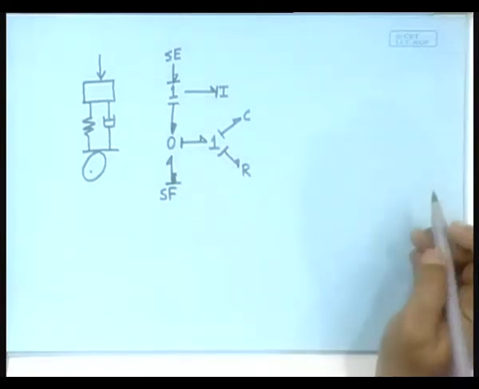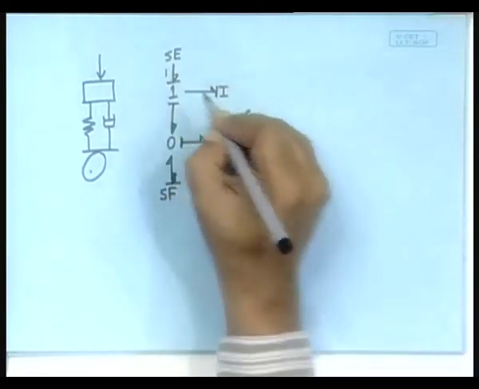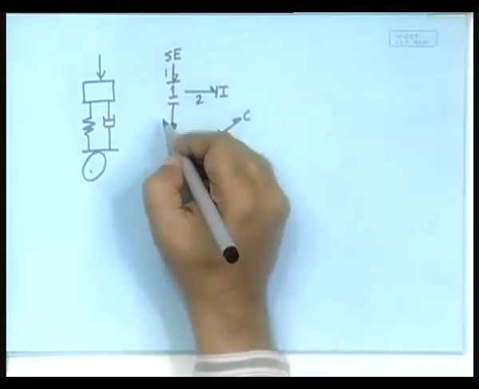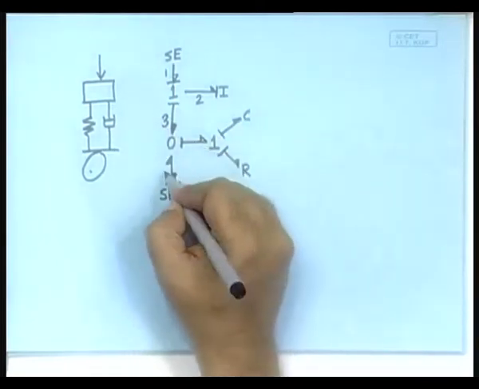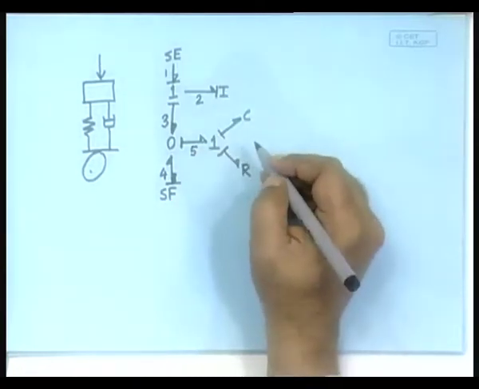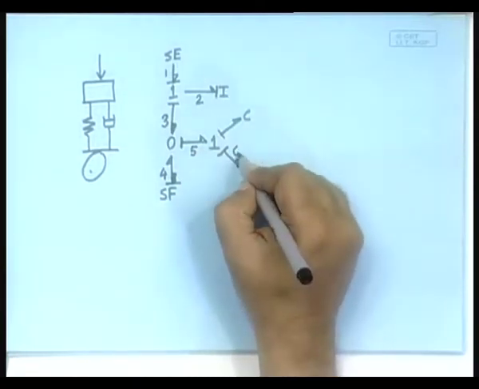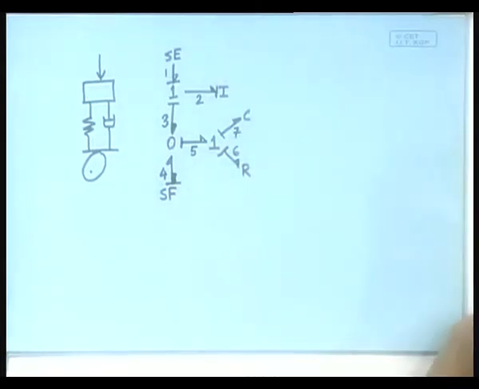Okay. Now, give them numbers, simple: 1, 2, 3, 4, 5, 6, 7. Okay. Now, once we have given that, let us start asking the questions.